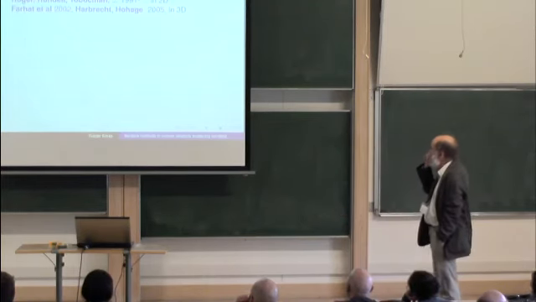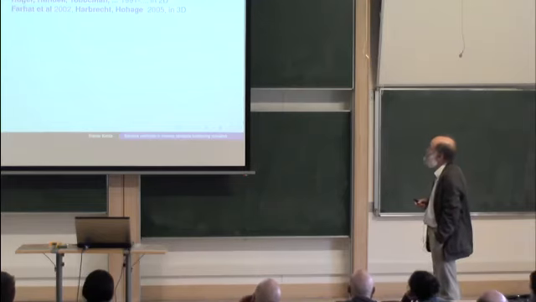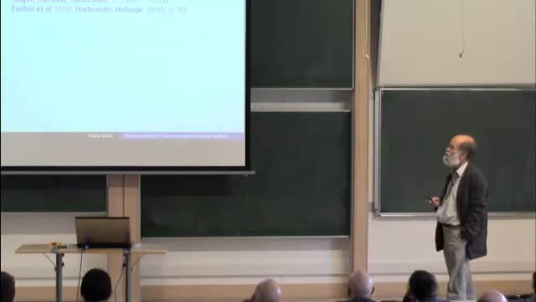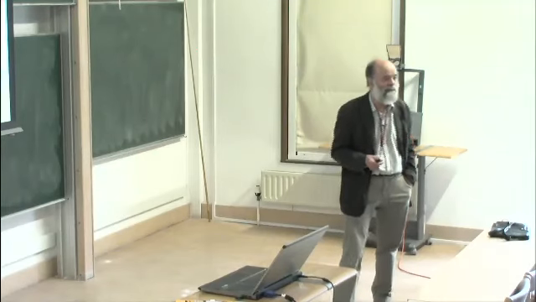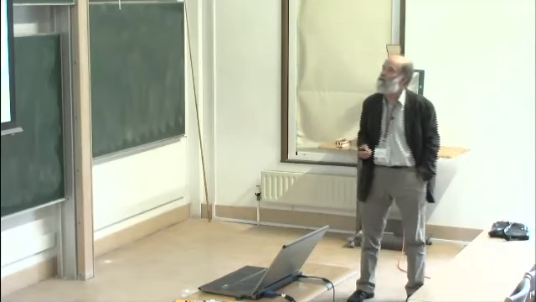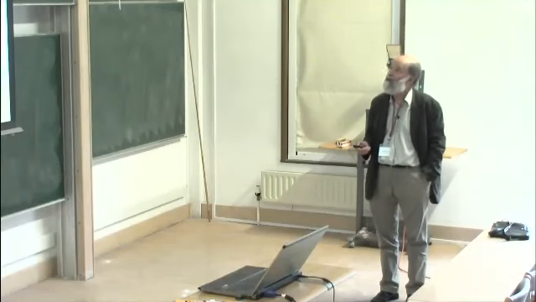This has been going on for about 20 years with a lot of people contributing to reconstructions in 2 dimensions. And after the millennium, so to say, there are also some reconstructions in 3 dimensions available.